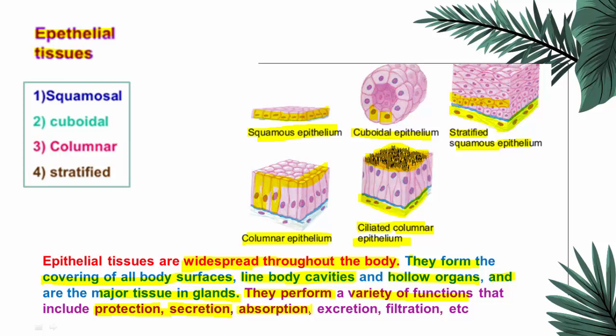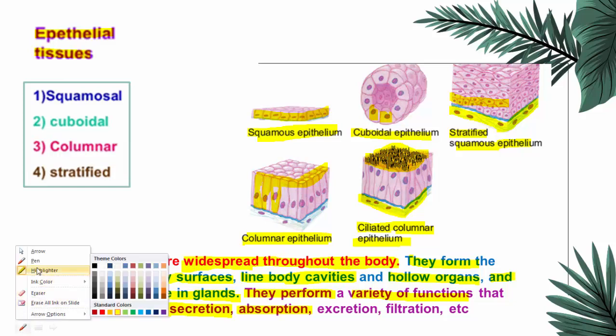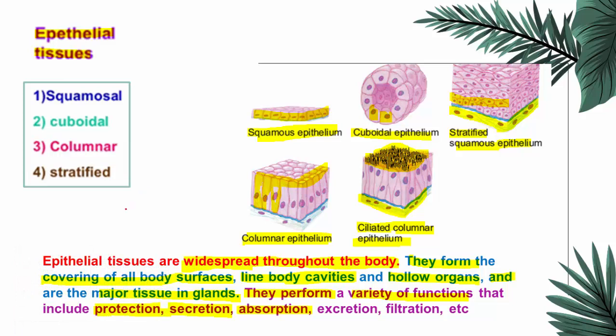Absorption, very important. Columnar epithelium, especially in the small intestine. There are two types of intestine in the human body, large intestine and small intestine. I am talking about the small intestine.